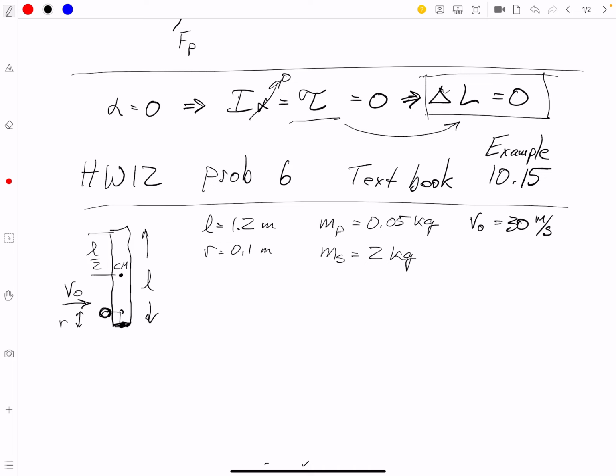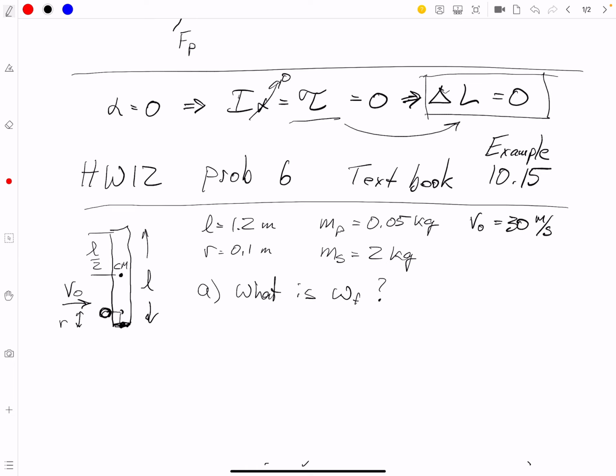And the first thing we want to know is, what is the angular velocity final, after this collision happens.